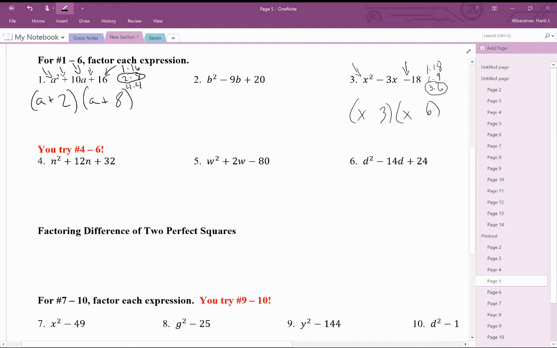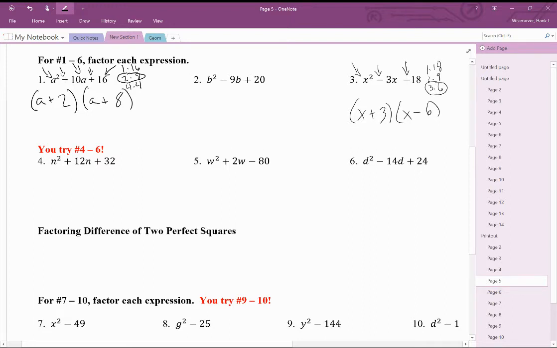Here, since we have both signs, we need to figure out which one's positive and which one's negative. This tells us the sign of the bigger number. So just looking at 3 and 6, before we give them positives and negatives, 6 is the bigger number. So 6 will be the negative and 3 will be the positive.